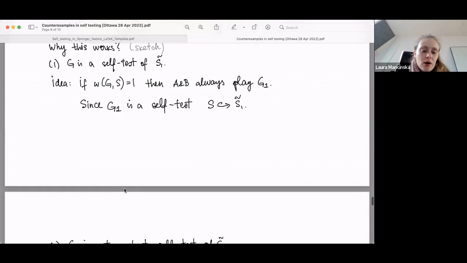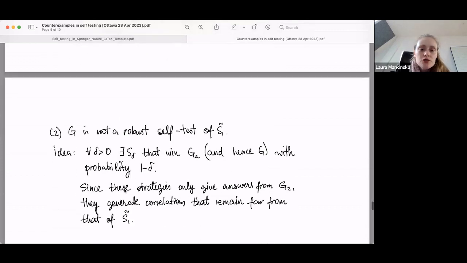Well, why is this not a robust self-test of this strategy S1 tilde? Now this game G2 comes into play. Remember that the quantum value of G2 is equal to 1. So for every delta, I can find a strategy S delta that wins this game G2 with probability 1 minus delta, so arbitrarily close to 1.